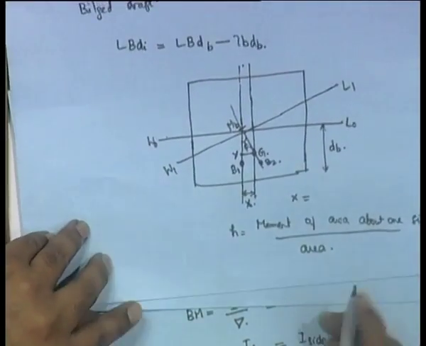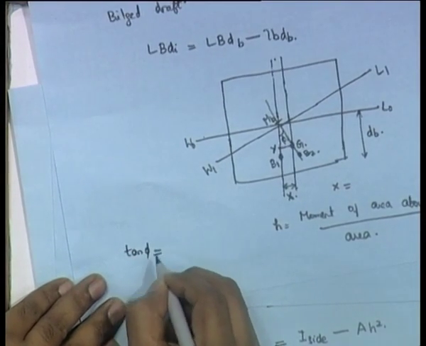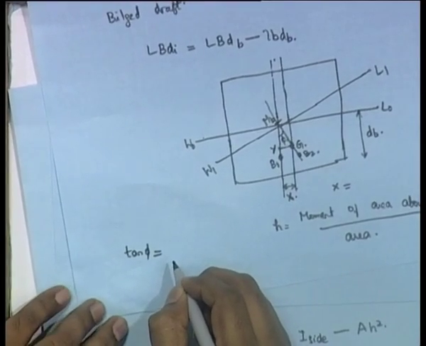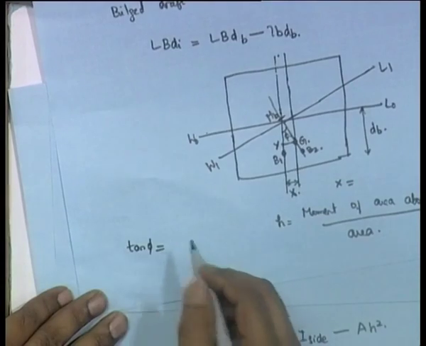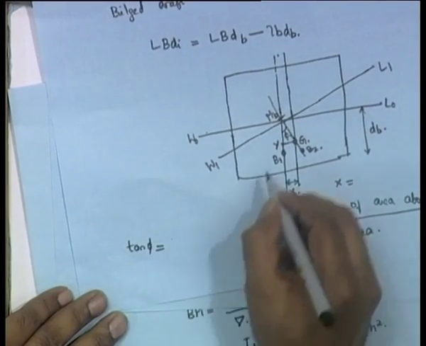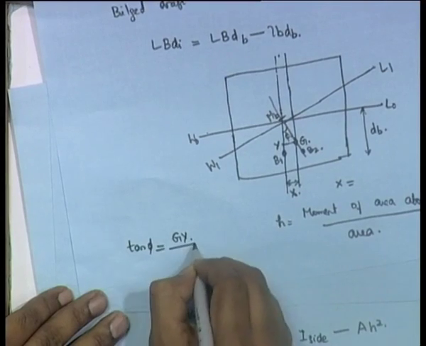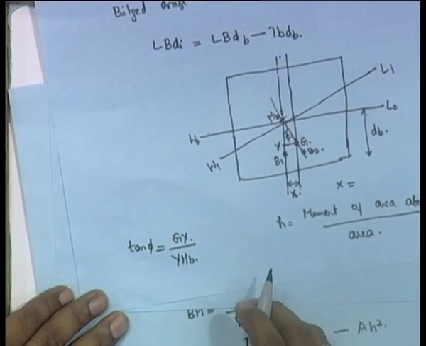Then if you look at this figure, remember in this problem our concern is to get phi, tan phi, the angle of heel. So, tan phi, if you look at this problem, will be equal to g y divided by y m b.